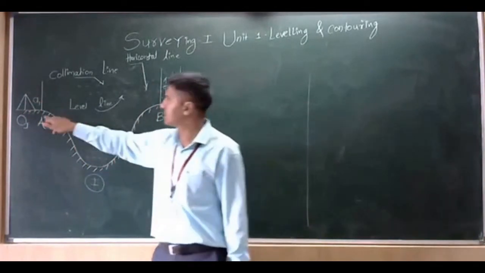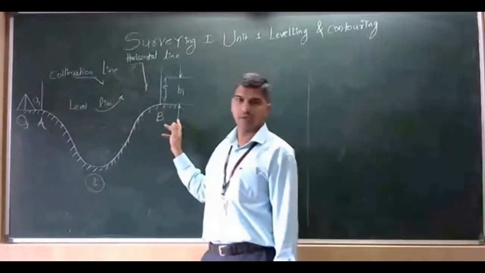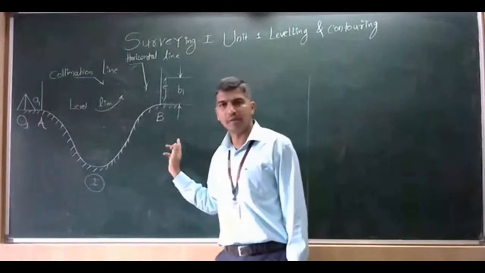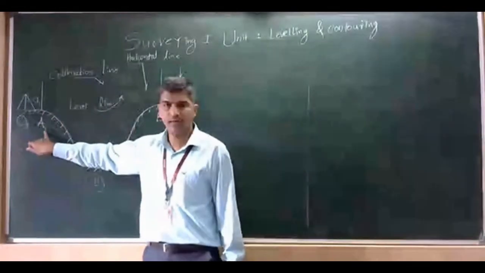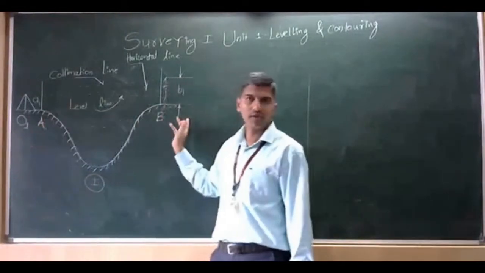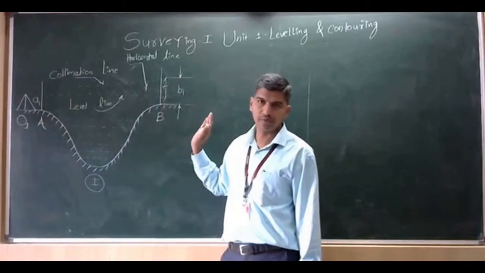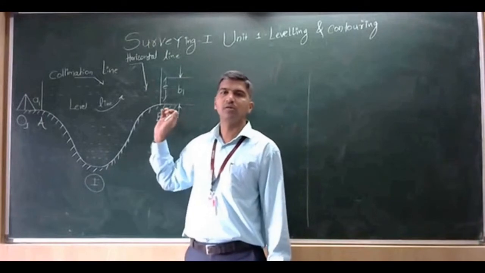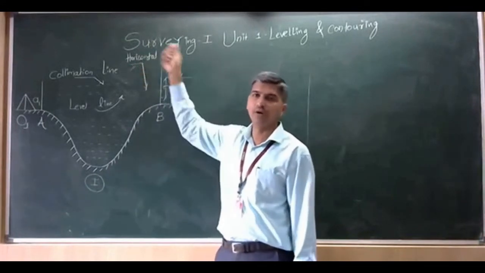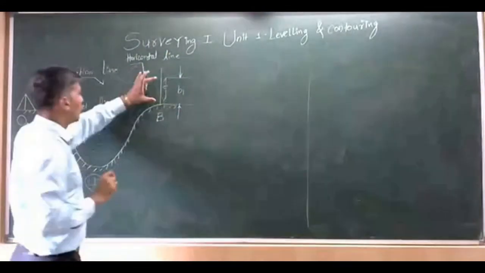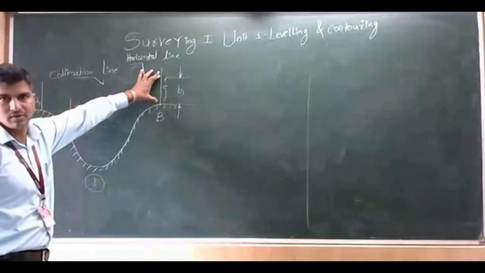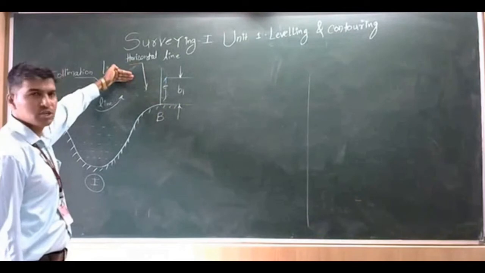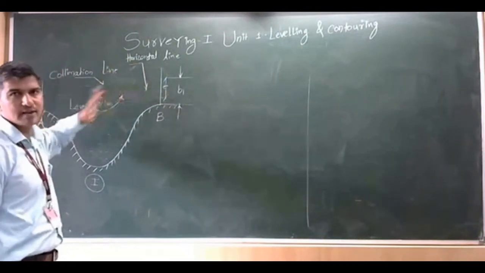After temporary adjustment, I have taken the staff readings. Respective staff readings at point A and at point B are A1 at A and B1 here. But due to the line of collimation being inclined upward, we have an error of E, which is nothing but the difference between the line of collimation and the level line.